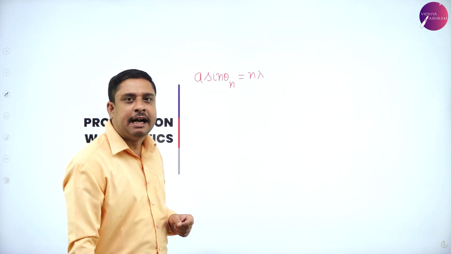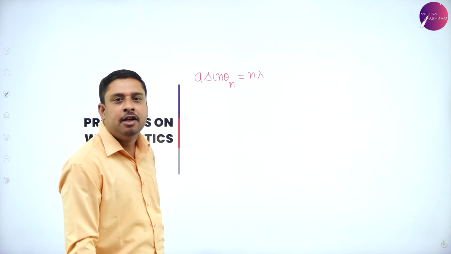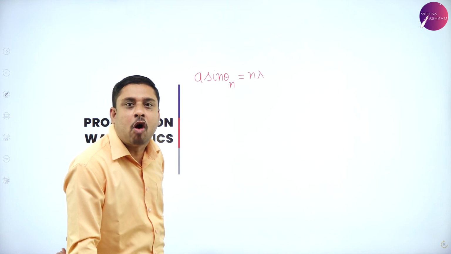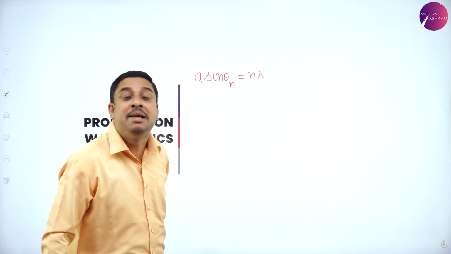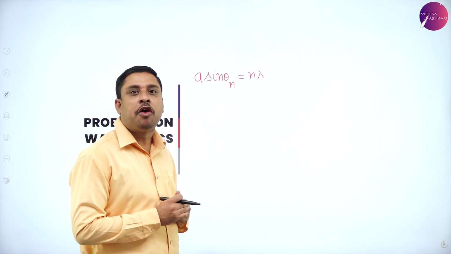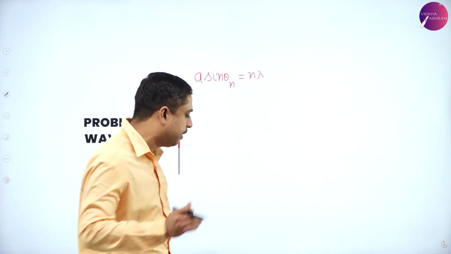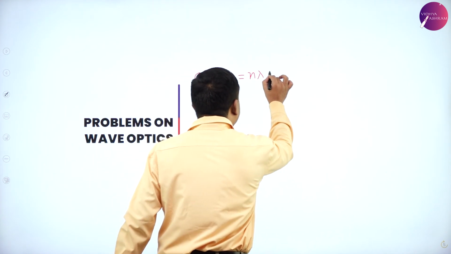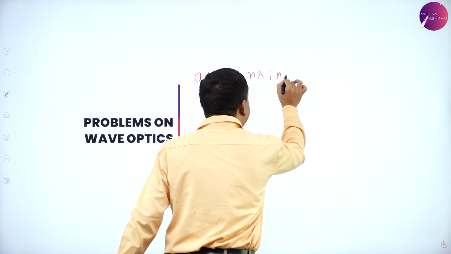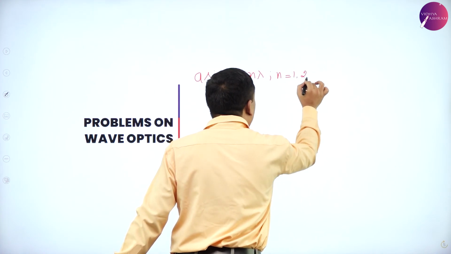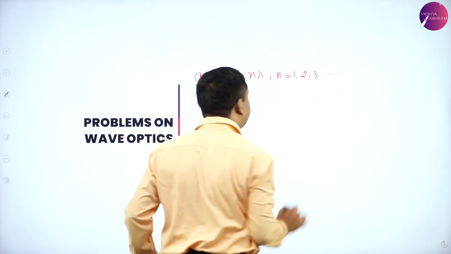So this is the condition for the formation of minima in Fraunhofer diffraction pattern, where this n is 1, 2, 3, etc.